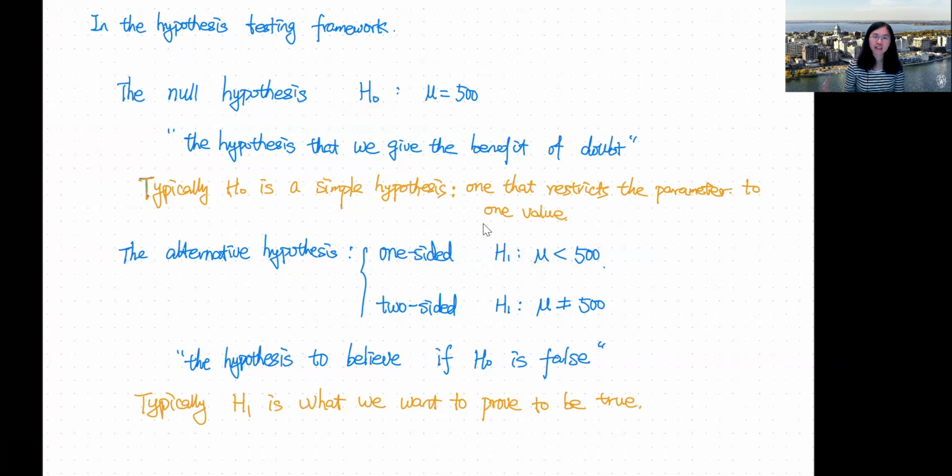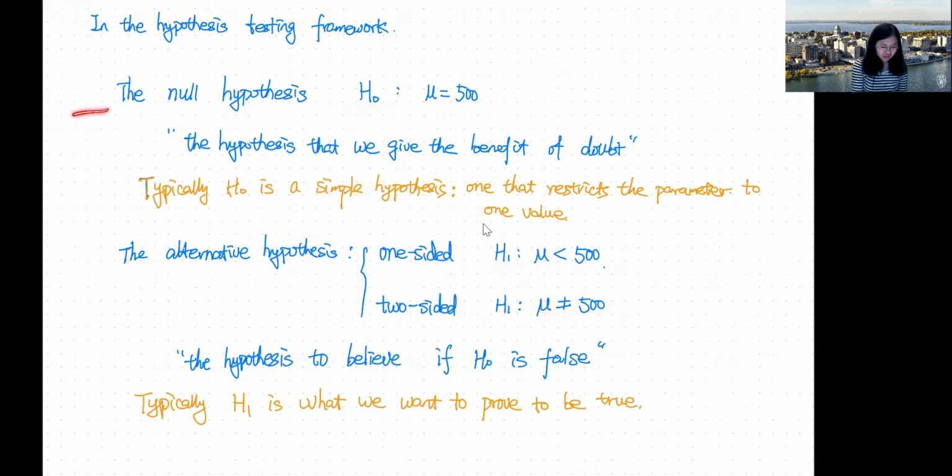But if you have no bias at all, no prior belief about the battery, and you just want to know whether their claim is true or not, then you might want to consider the two-sided alternative. If you want to prove that their battery runtime is lower than 500, you consider the one-sided alternative. If you want to prove that their battery runtime is different from 500, could be low or could be high, then you consider the two-sided alternative hypothesis.